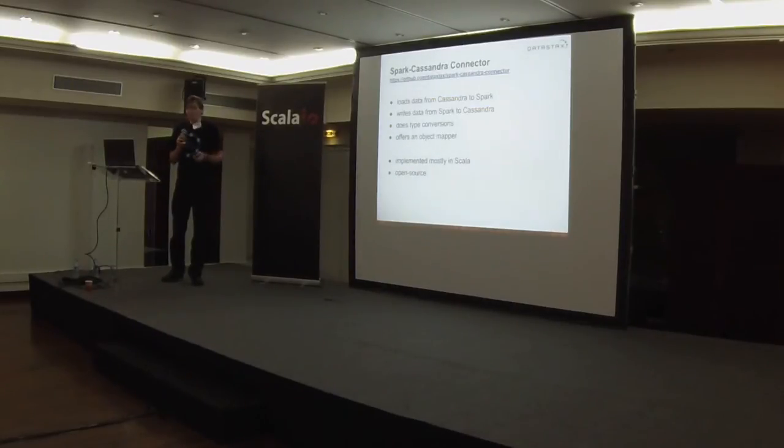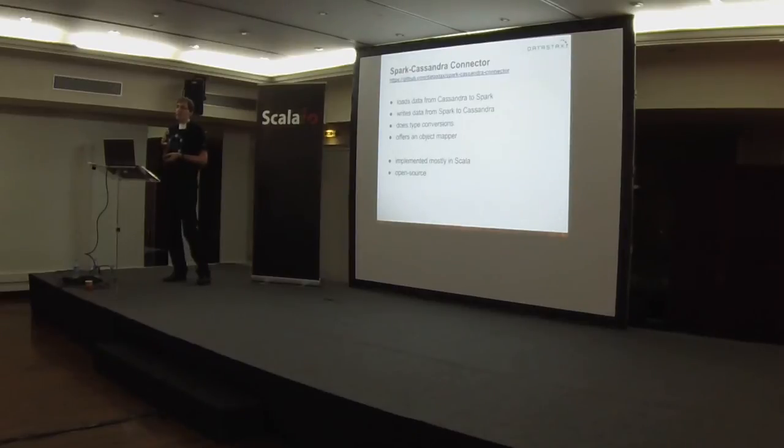Other features supported in the connector are not just loading and writing data, but also all the type conversions. It offers some kind of object mapper, so it's easy to work in Scala. We wanted to make it idiomatic Scala. It's still not perfect, probably because the project is very young, and there are lots of places where it can be improved.